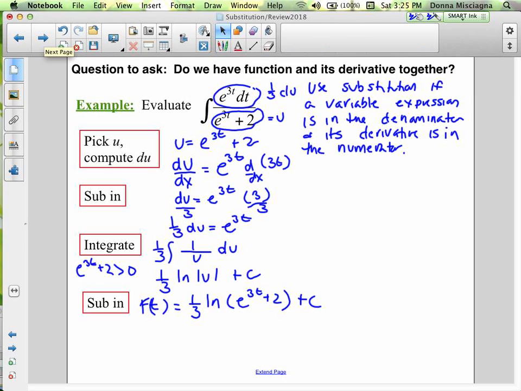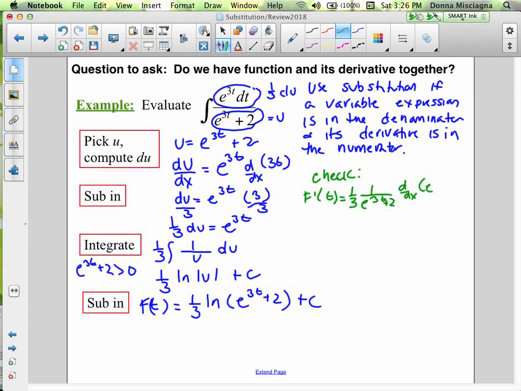And if you want, we can check it. All right, so I won't write it again. F prime of t equals 1/3. So the derivative of natural log of the blob would be 1 over the blob, e to the 3t plus 2, times the derivative of the blob. So that's going to give us 1/3 times 1 over e to the 3t plus 2.